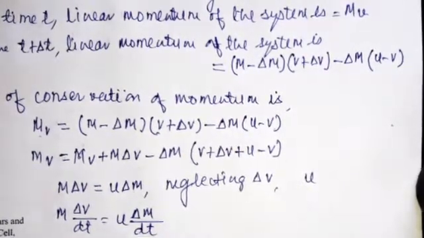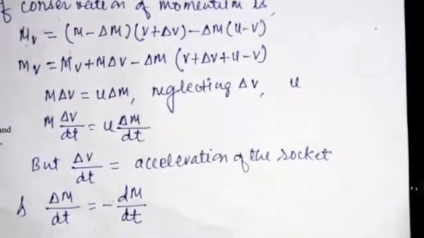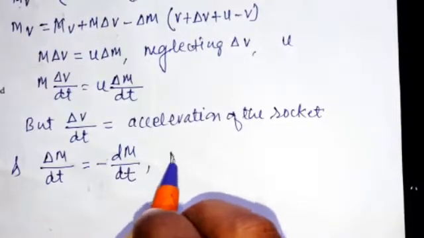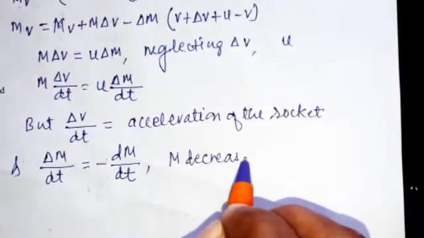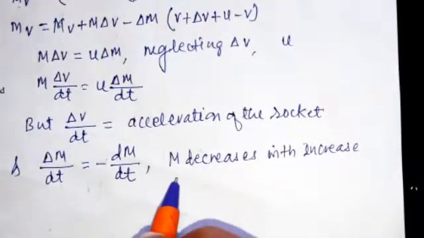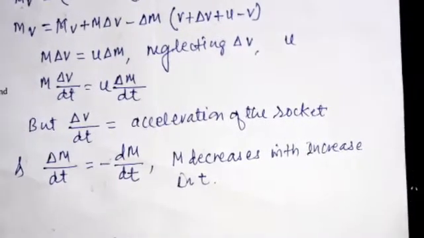Here this delta v upon delta t is nothing but the acceleration of the rocket, and this delta m upon delta t is equal to minus dm upon dt. This negative sign indicates that mass decreases with increase in time t.